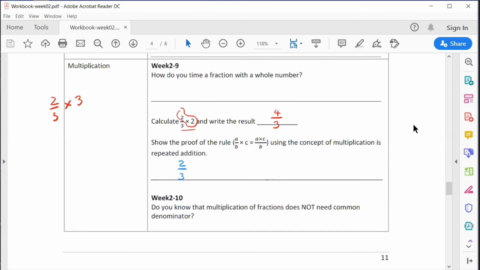Now, I'll pick a better number because that looks so obvious.